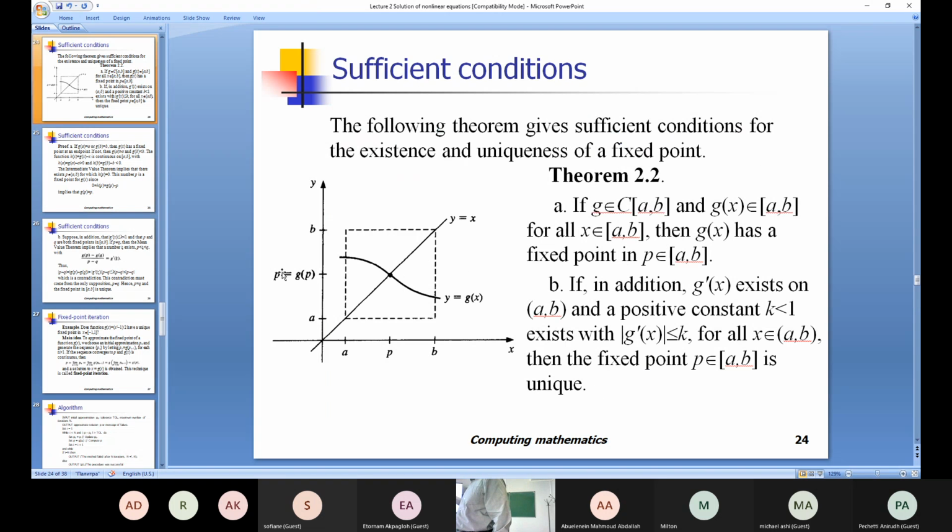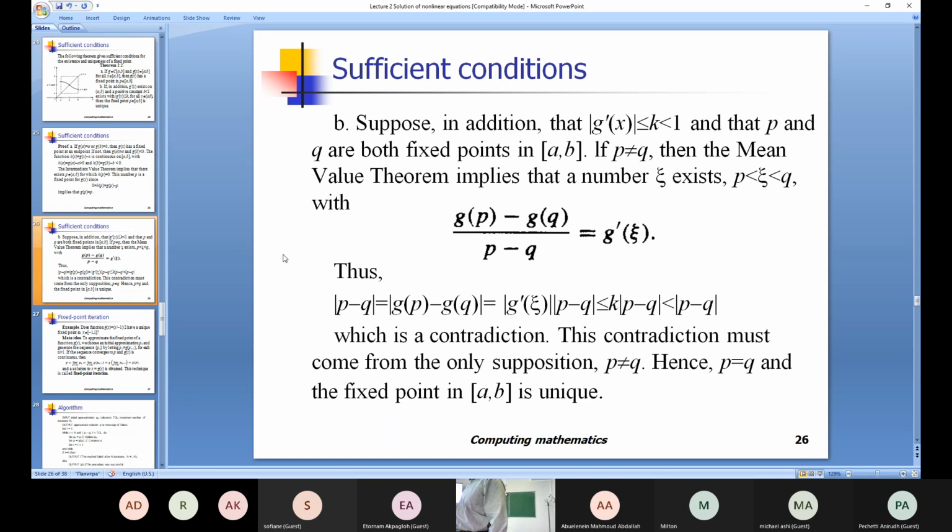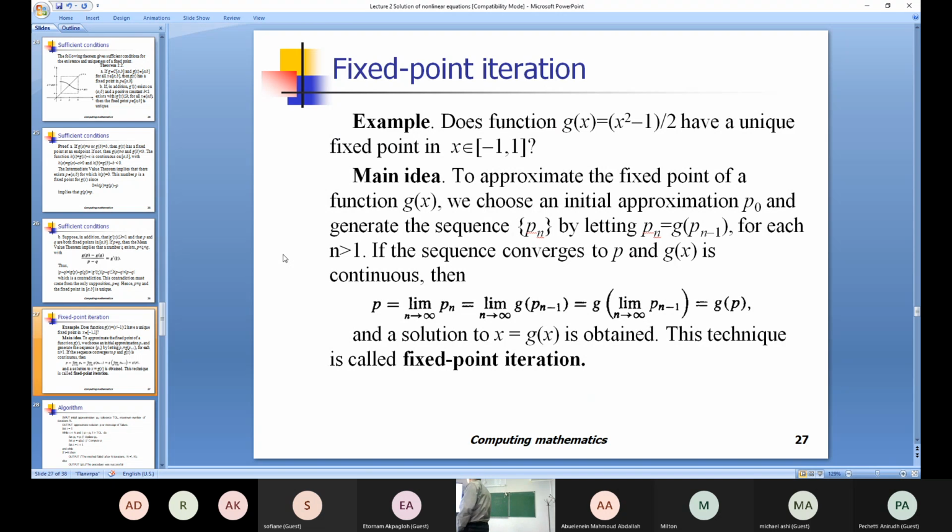The first statement: if x is between a and b, then the function values also must be between a and b. Here we have a and b as minus 1 and 1. X is from minus 1 to 1.